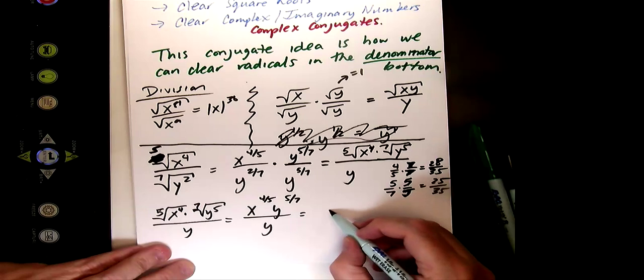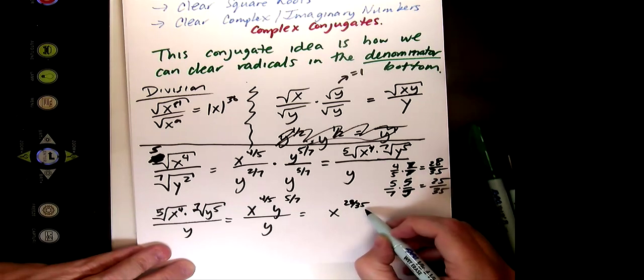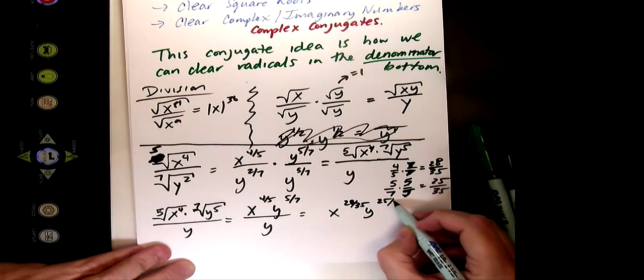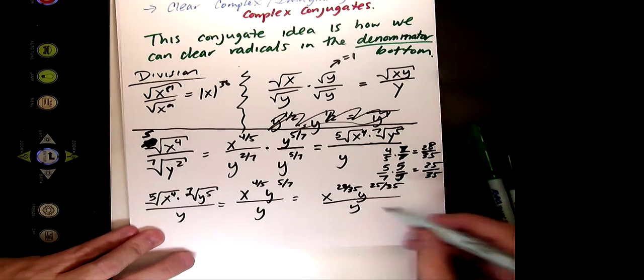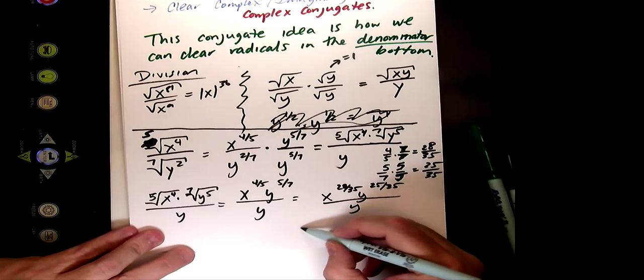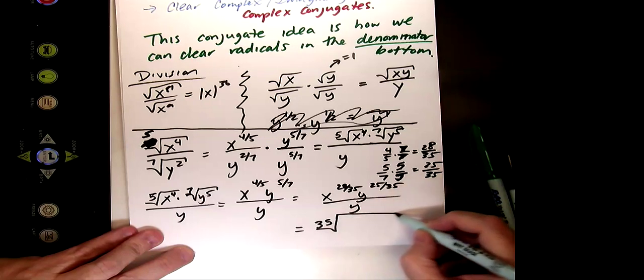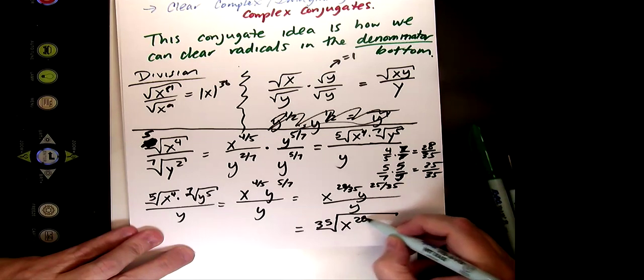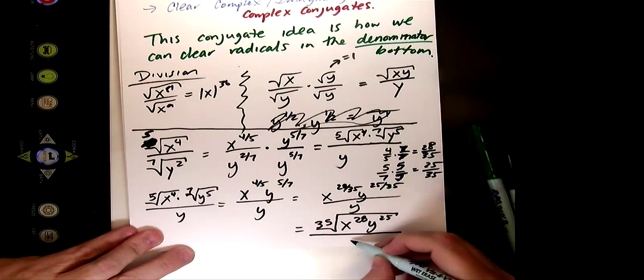So that is the same thing as x to the 28/35, y to the 25/35 over y. If you want to combine them as one radical, that's what you got to do. This is the 35th root of x to the 28, y to the 25th, all divided by y.